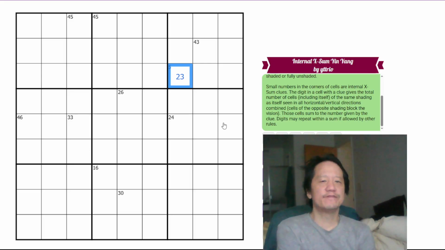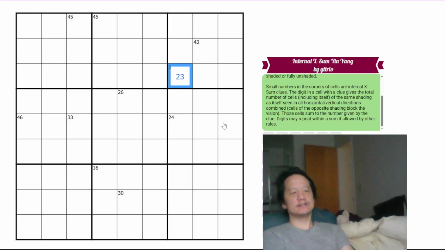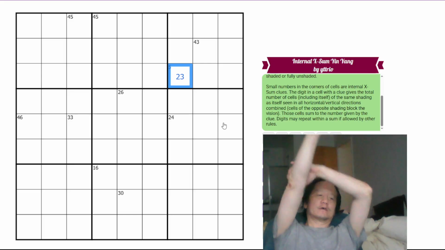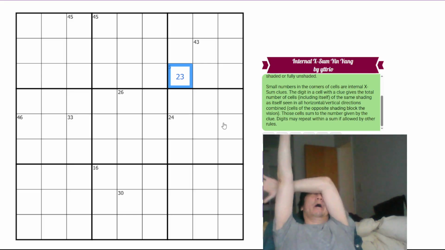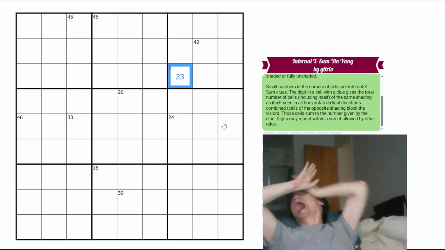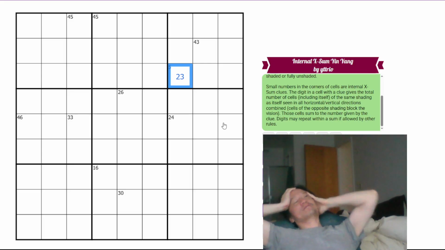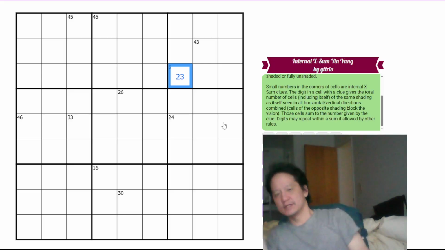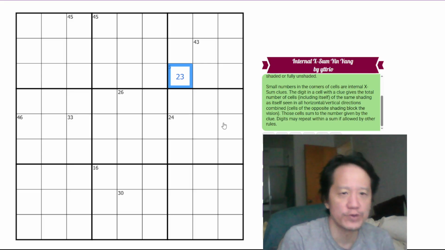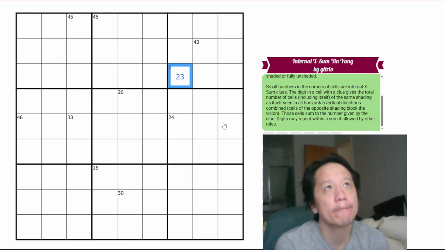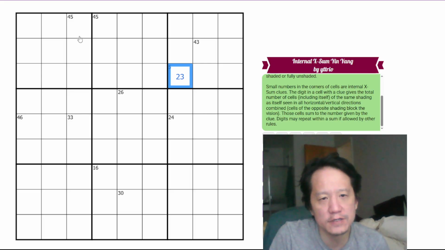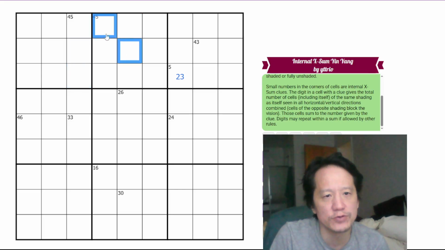To add up to 45. Now that's interesting. What's the minimum? Obviously, you can have up to 9, but what's the minimum amount to add up to 45? You have essentially the lowest digit in the middle, and then a 9 and an 8 in both directions.